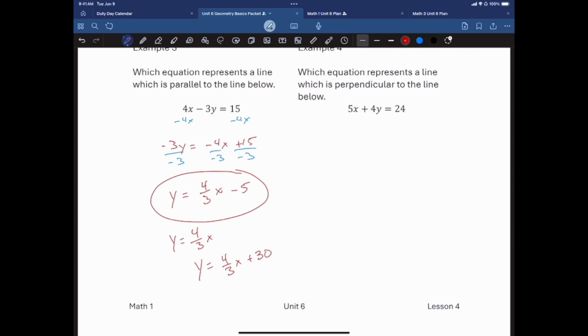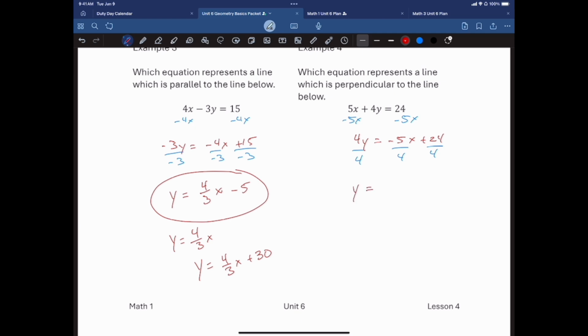Now, if I want to find the equation that represents a perpendicular line, same stuff. Get y by itself because we're in standard form. So we get 4y equals -5x plus 24. Divide everything by 4 because I want to get that y by itself.